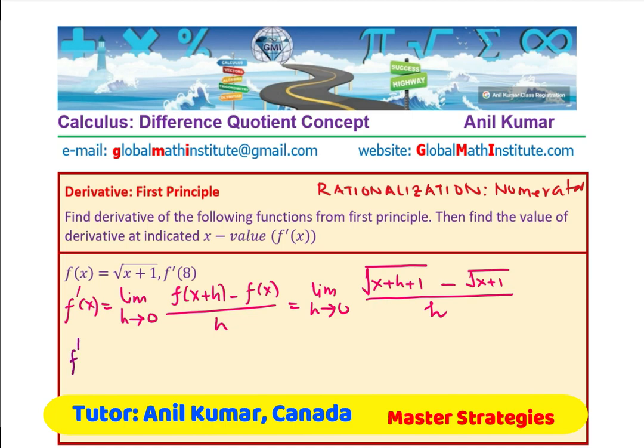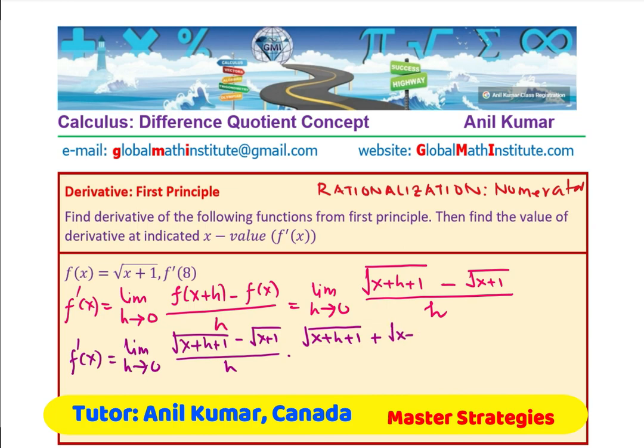We get this function's derivative as equal to limit h approaches 0, numerator being square root of x plus h plus 1 minus square root of x plus 1, over h. We'll now multiply and divide by the conjugate, which is square root of x plus h plus 1 plus square root of x plus 1, clear? And also divide by the same term, which is square root of x plus h plus 1 plus square root of x plus 1.